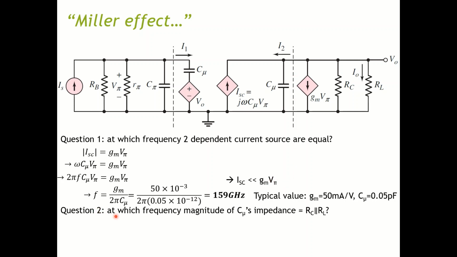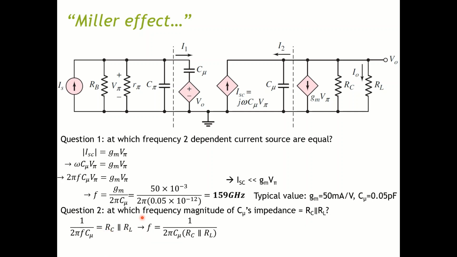So question 2, I want to see at which frequency the magnitude of the impedance of C mu will be equal to the impedance, or the resistance, of these two parallel resistors, RC and RL. In order to do that, I write the impedance of C mu in terms of frequency, 1 over 2 pi f C mu, equal to the parallel combination here.